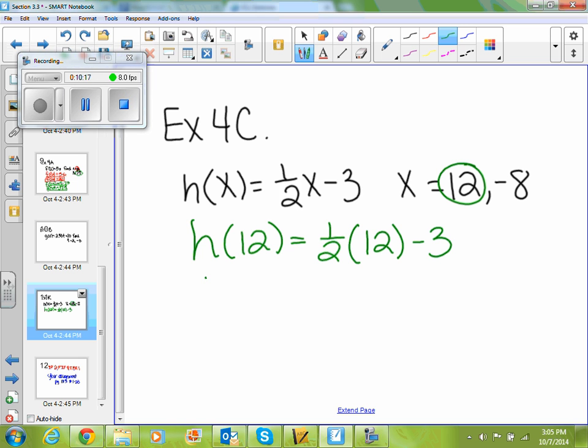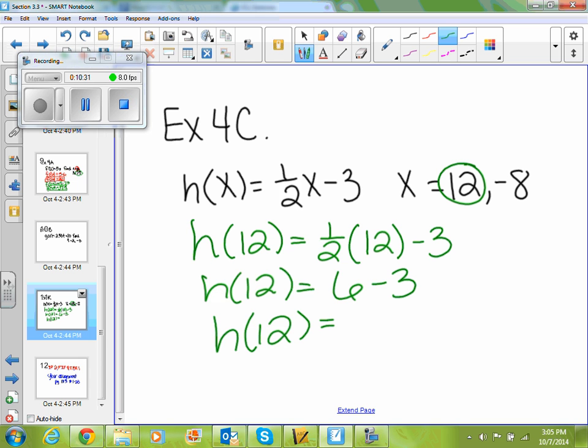Remember nothing on the left changes, so h of 12 stays the same. What's half of 12? 6. So 6 minus 3. So then h of 12 equals 3. Perfect. So the only thing that changes is the right side of the equation.